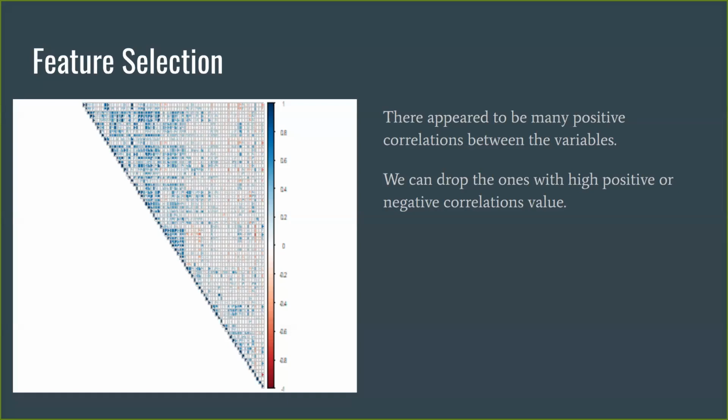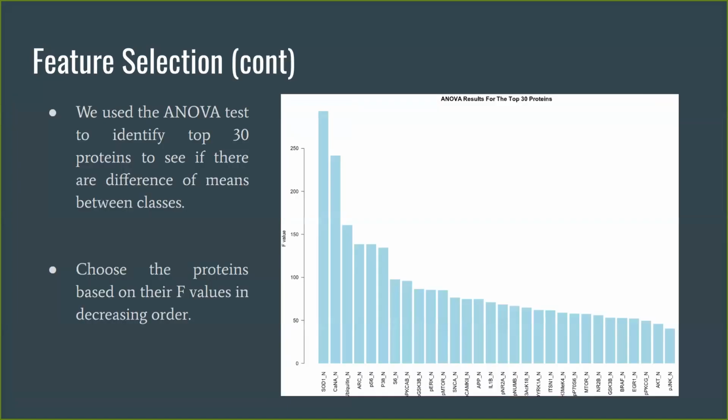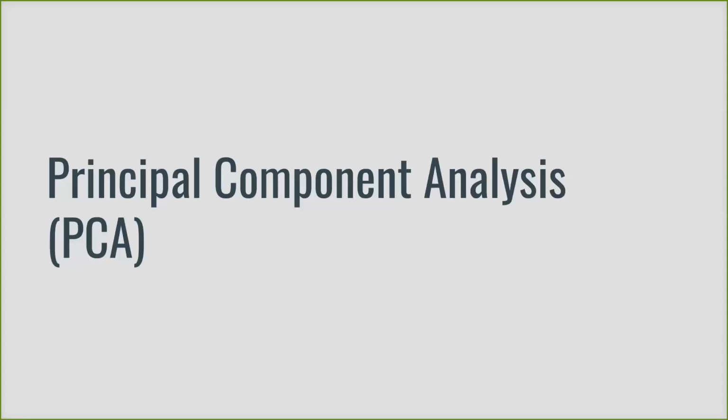Before we drop the ones with high positive or negative correlation values, we first perform the ANOVA test to see if there are any differences of means between the classes. We choose the proteins based on the F values. We first sort the F values, and then we choose the top 30 proteins.